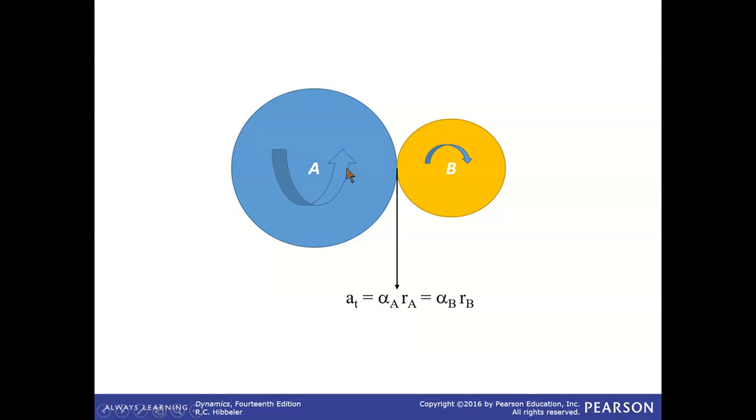At this point, the magnitude of the position vector is nothing but the radius of the gear. Hence, for both the gears, this equation holds true. That is, angular acceleration of gear A multiplied by radius of gear A is equal to angular acceleration of gear B multiplied by radius of gear B. This equation is also useful while designing gears.